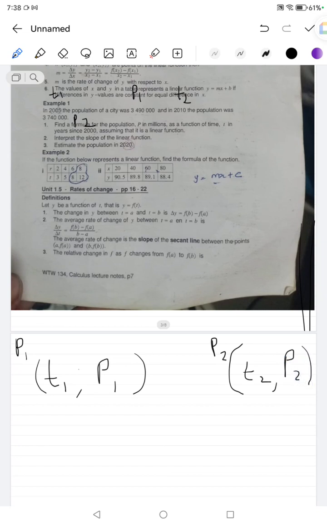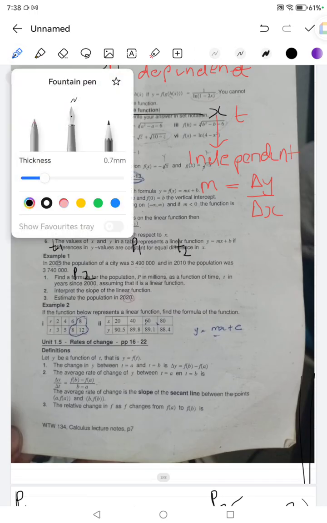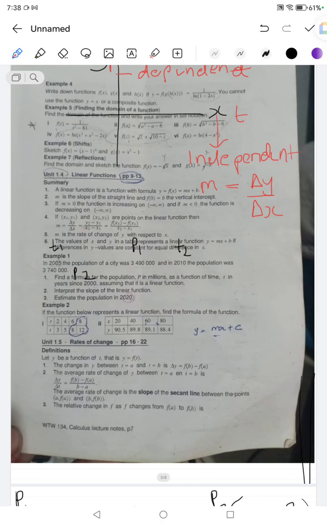As I said, remember you only have to take the 2 last digits of the values. This is your 2005, so you're going to take this last 05. Then on this other one, 2010, you're just going to take your 10.